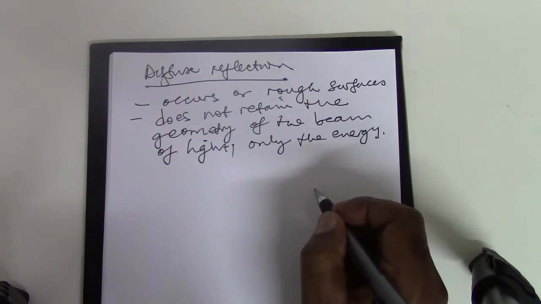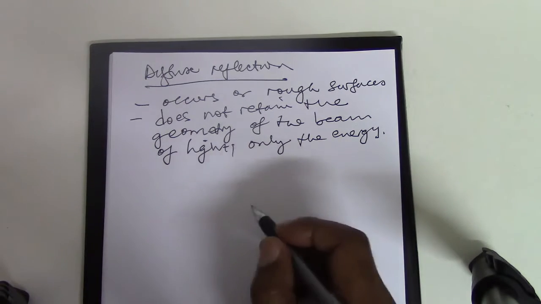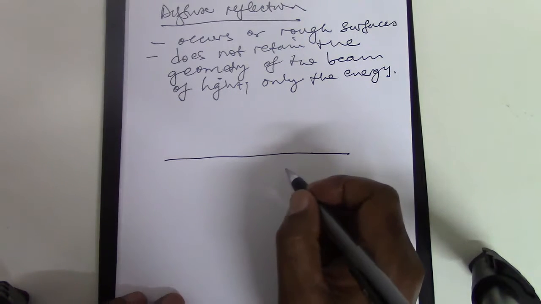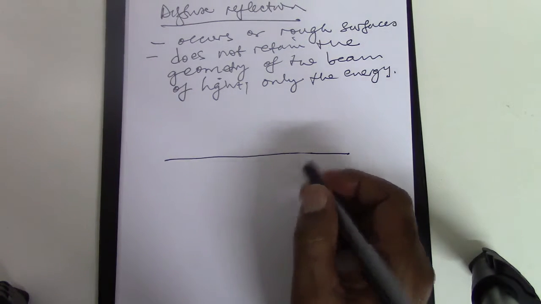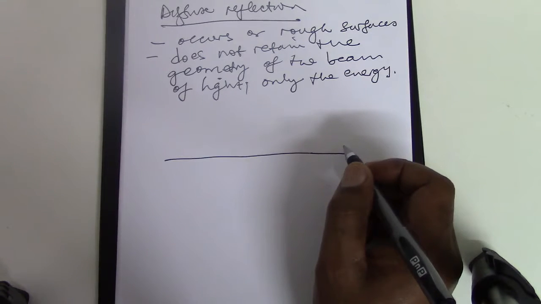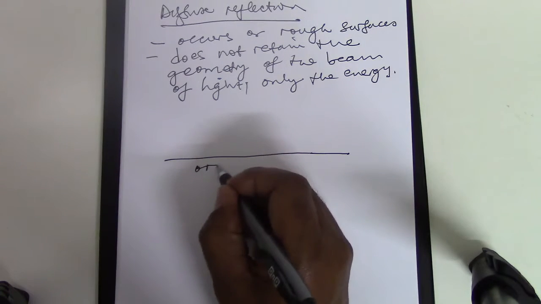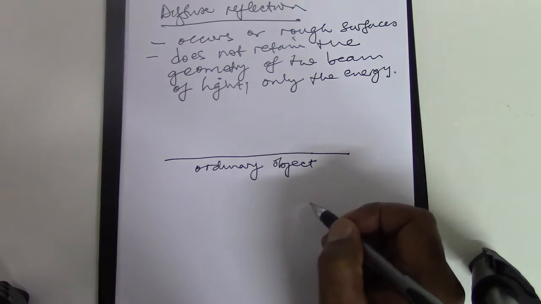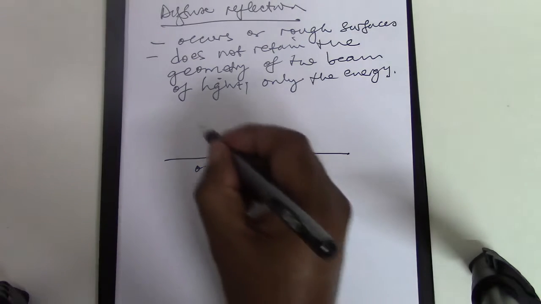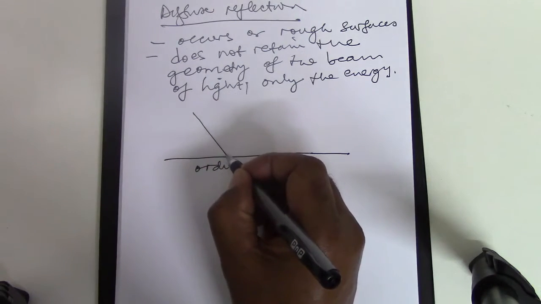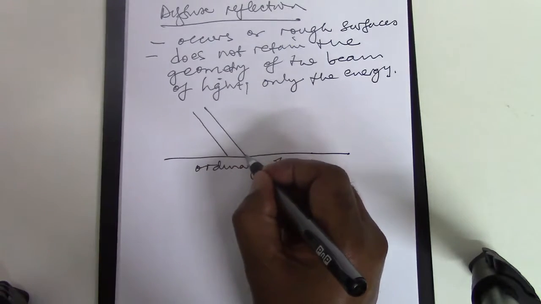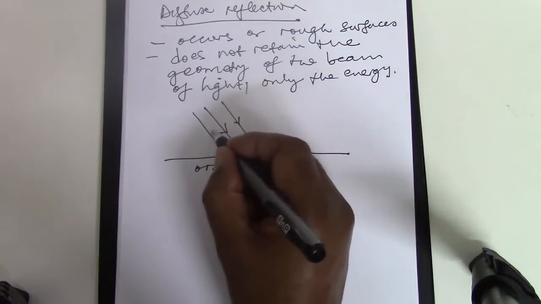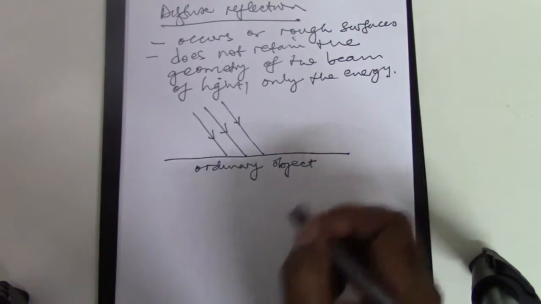What do we mean? Diagrammatically, here is the interface or the surface. This is an ordinary object. This is not a mirror. Let's suppose you have your parallel rays. They come, they are parallel, and they strike the object.